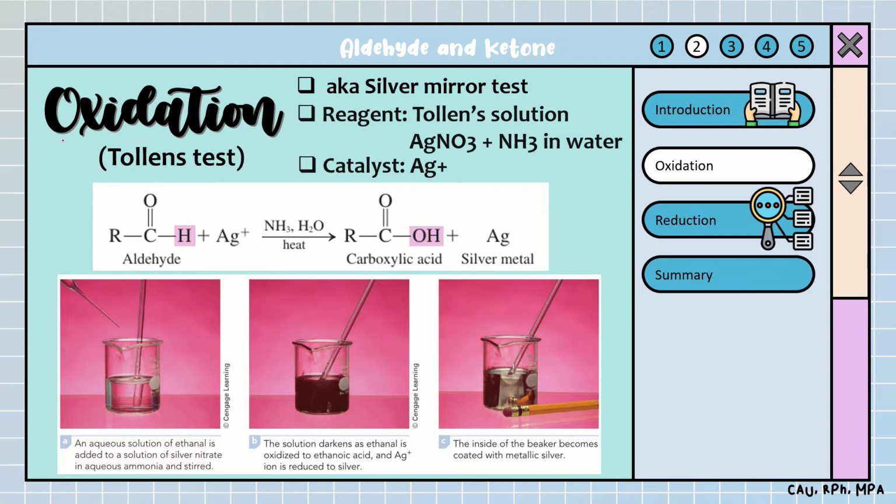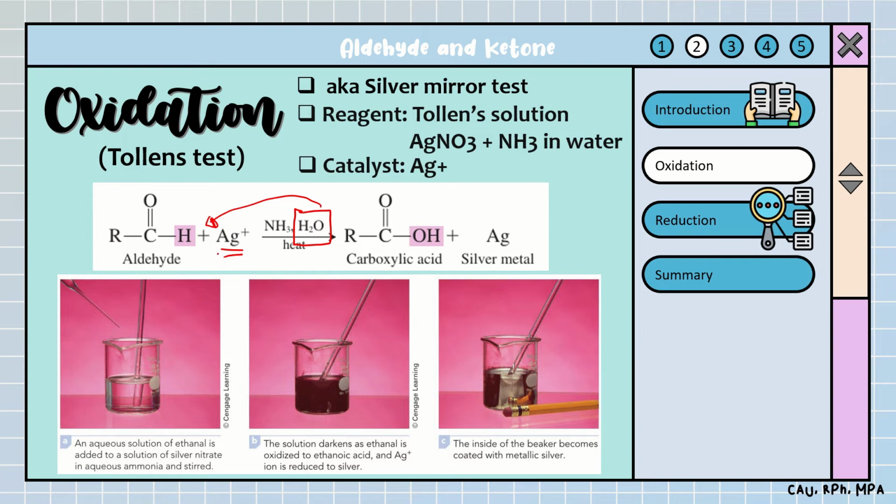There are some important things that you need to consider also. One is our water. Why? Since our reagent, which is the Tollens solution, or in other references Tollens reagent, consists of silver nitrate, ammonia in water, therefore, one of the oxygen from our water will be bonded to our hydrogen. So as seen here, from an aldehyde, using the Tollens test, it will have a carboxylic acid as its product.